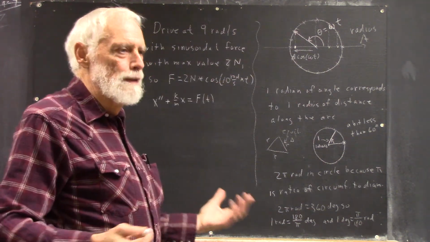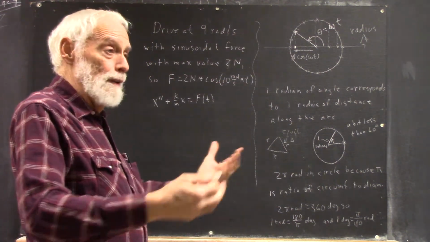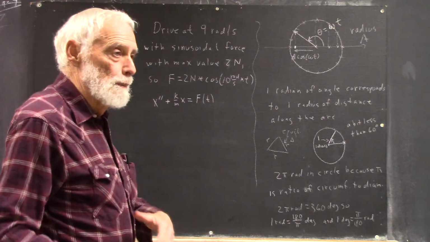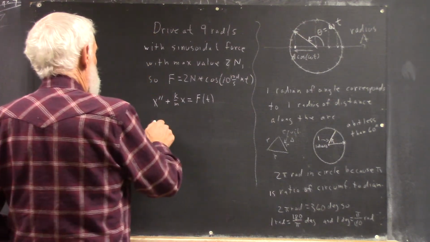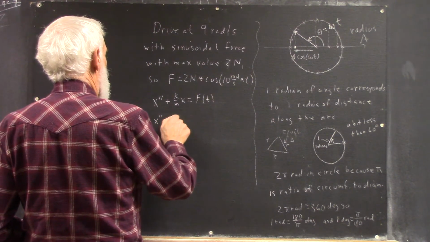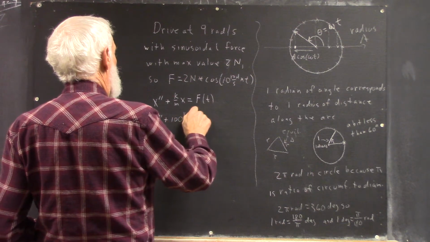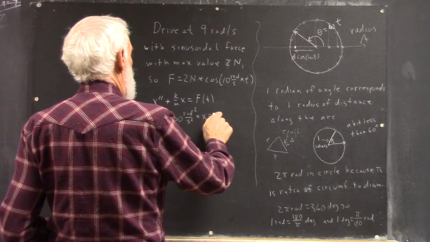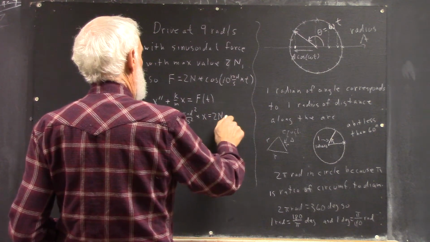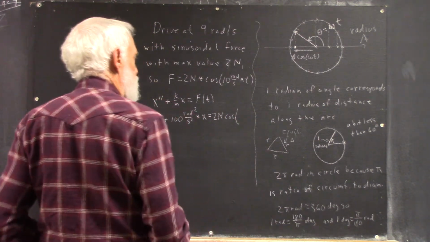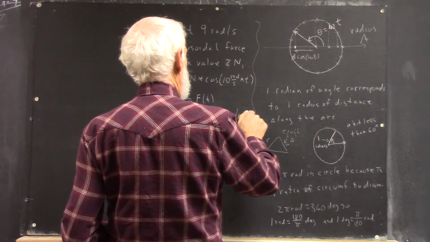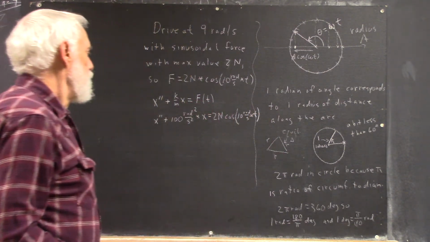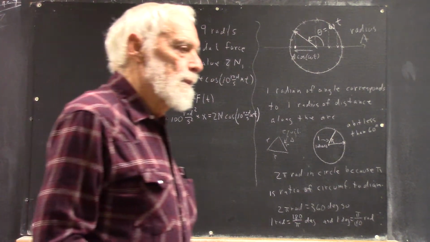We actually calculated first k over m, which is going to be then 100 radians squared per second squared, right? So x double prime, almost got it in there. Okay? Now those are the units.